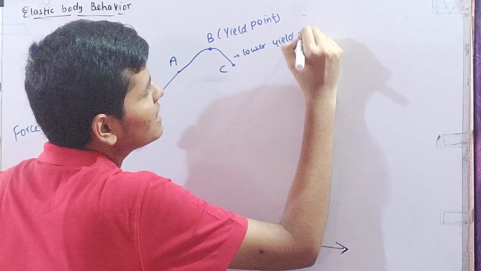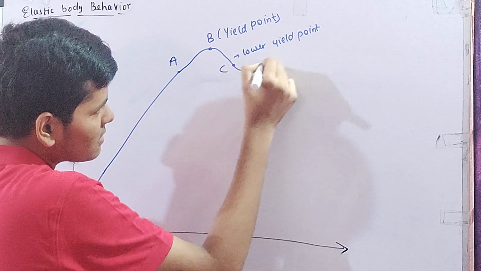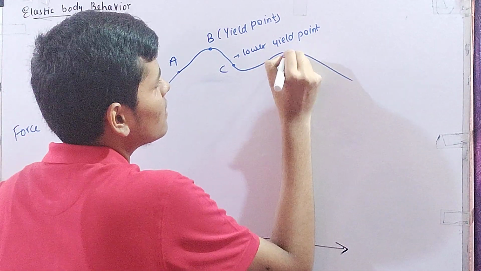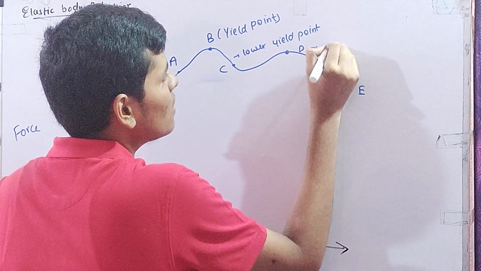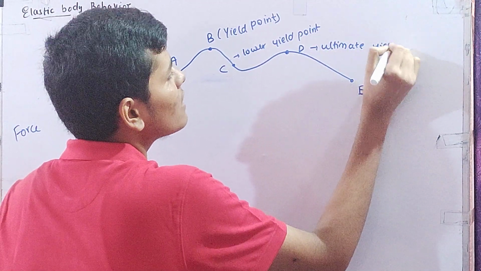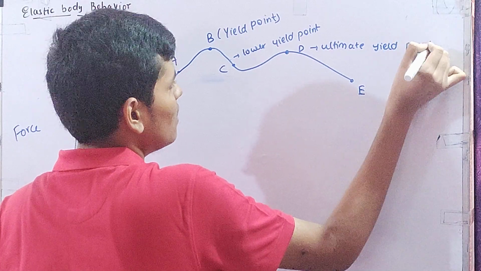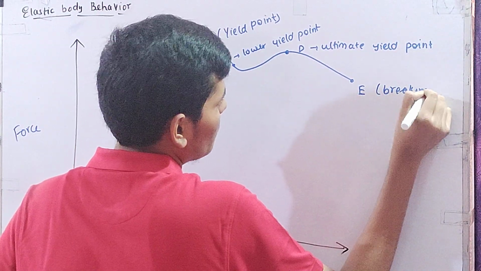I'll explain everything. After this, it goes like this. This is point D and this is point E. D is called the ultimate yield point, and E is called the breaking point.